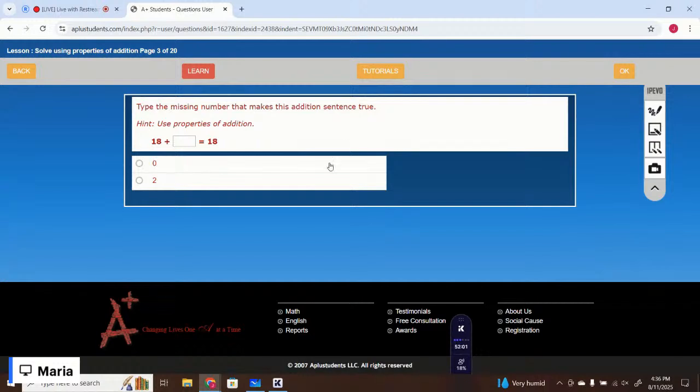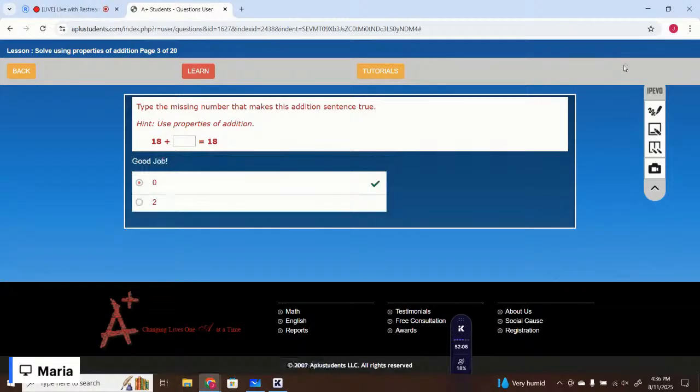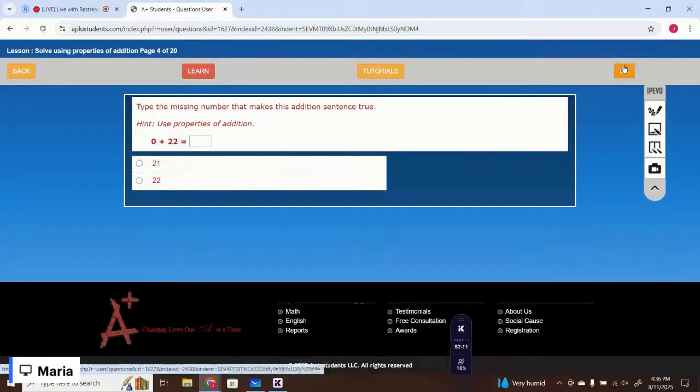That is the identity property of addition. Option number one is the correct option. 0 it is. Type the missing number that makes the addition sentence true. So 22 plus 0 equals 22. Option number 2 is the correct option.